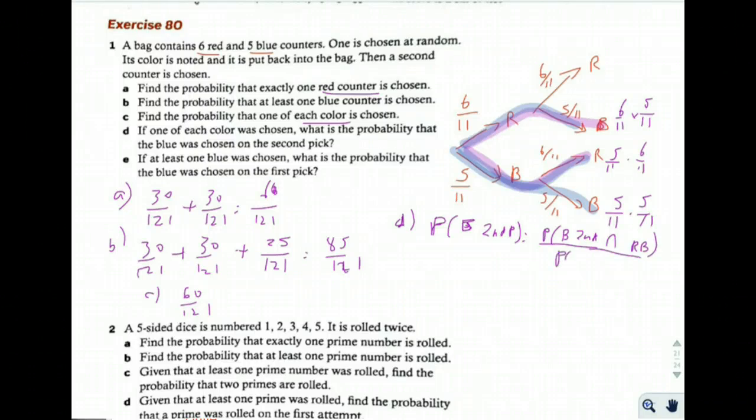And then in the denominator, we're going to put the probability that red and blue were chosen.